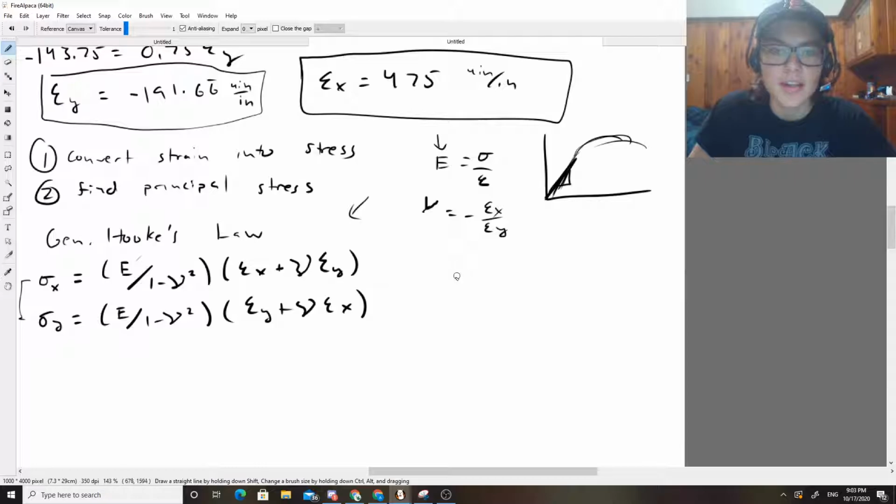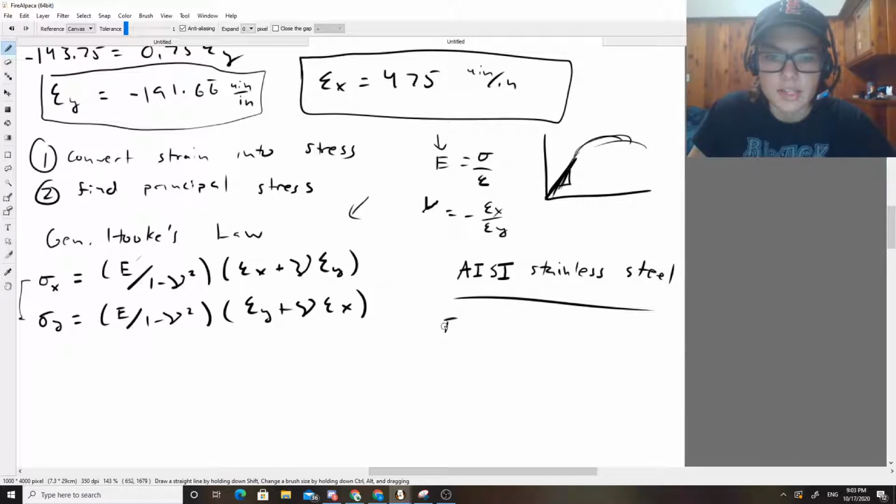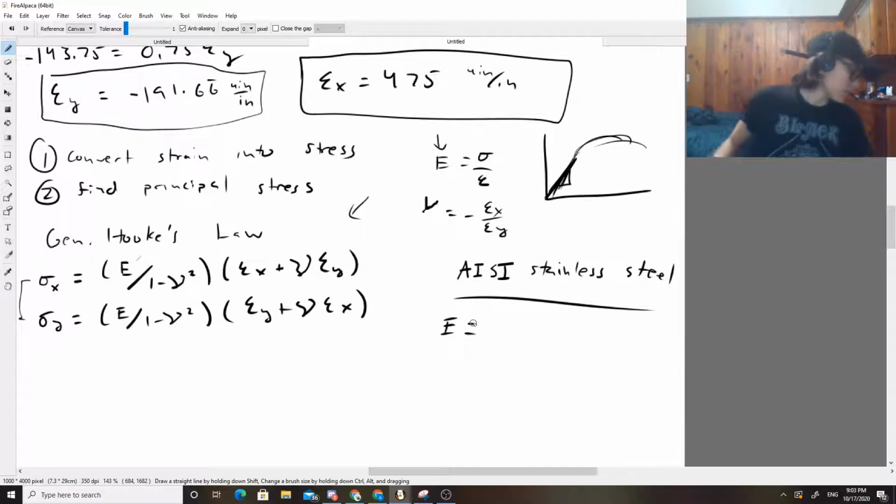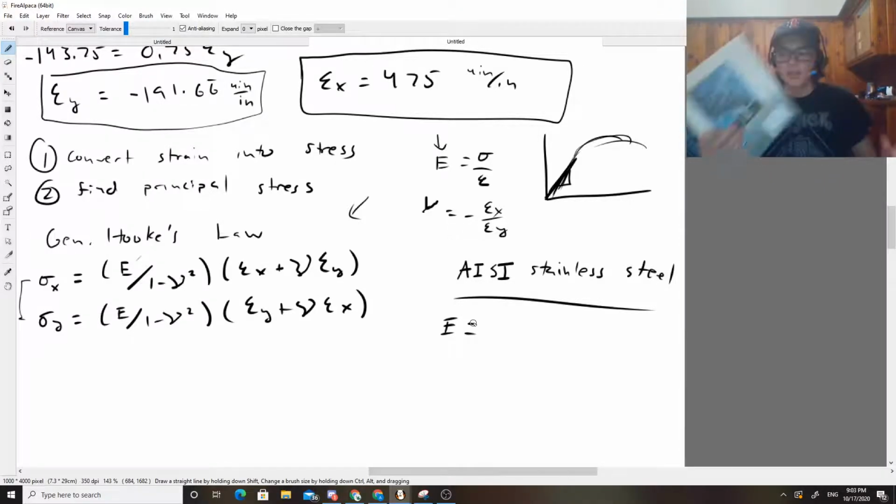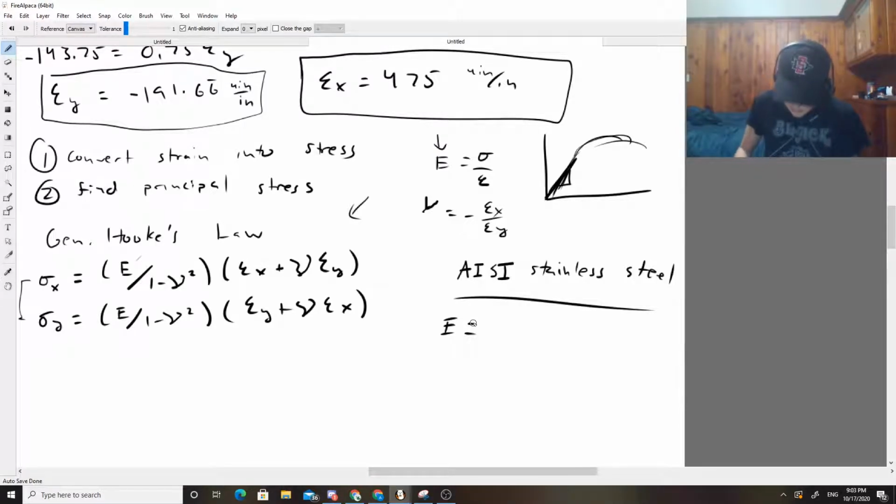And the material we have, I believe, was AISI stainless steel. And to find your modulus of elasticity for stainless steel, I'm going to look up the textbook and go to Appendix B.